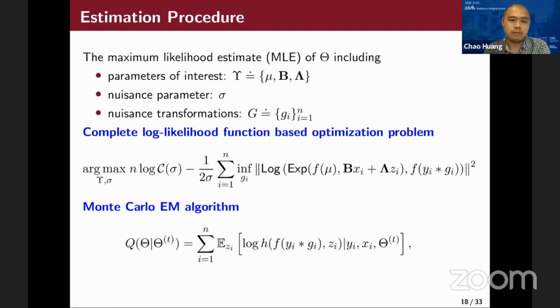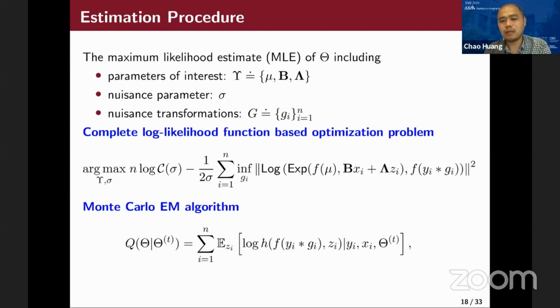And we also need to estimate the nuisance parameters, the sigma, and the nuisance transformation, all the individual rotation actions. We can treat this estimation procedure as a complete log likelihood function-based optimization problem.